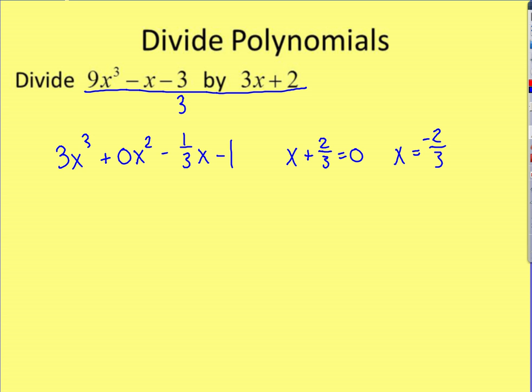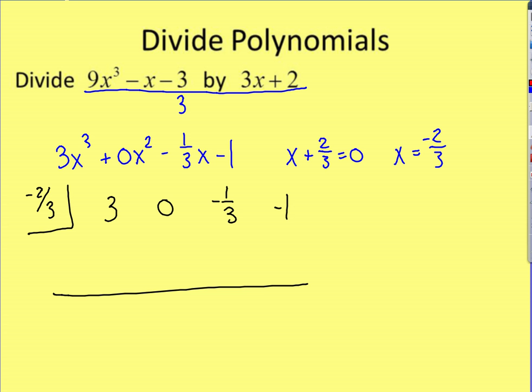If you noticed, I added in a 0x squared. There is no x squared, so we do have to add it into our problem. And then after we have x plus 2/3, we do need to get the x part by itself. So x is going to equal negative 2/3, and this is what we're going to use with our synthetic division.